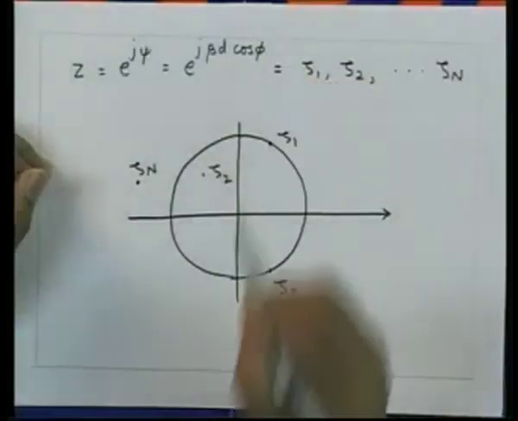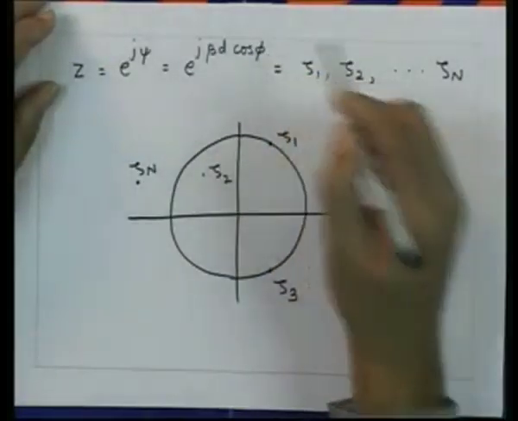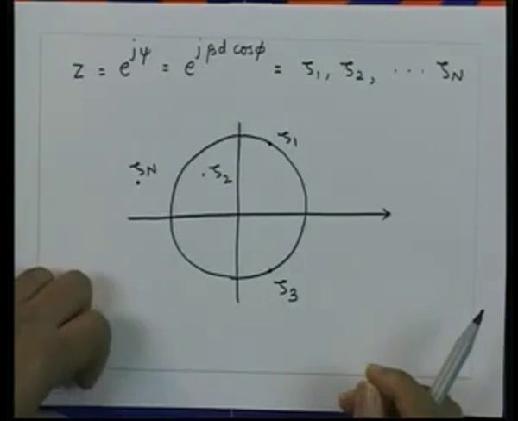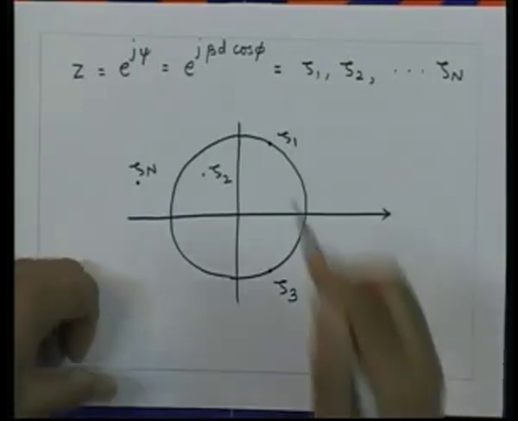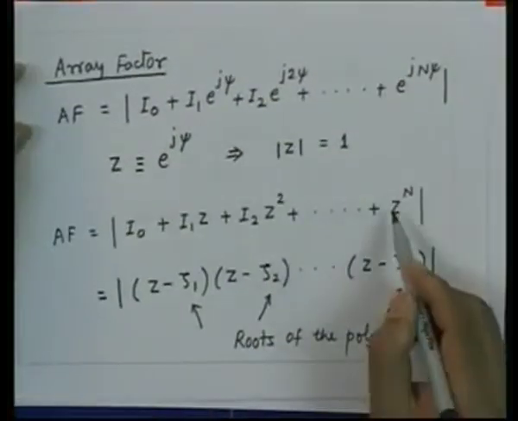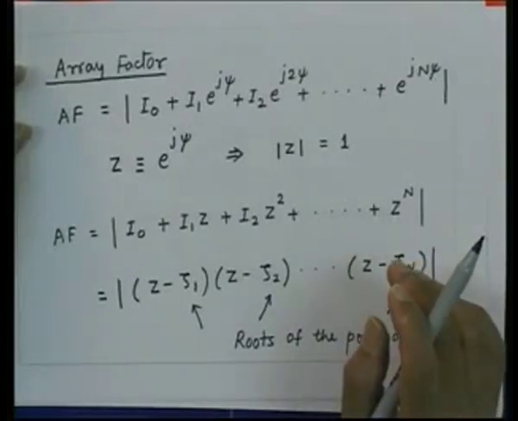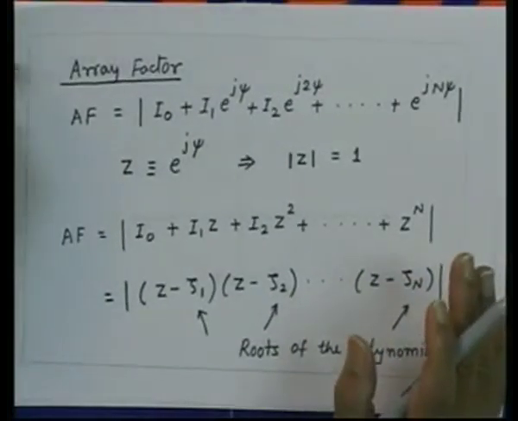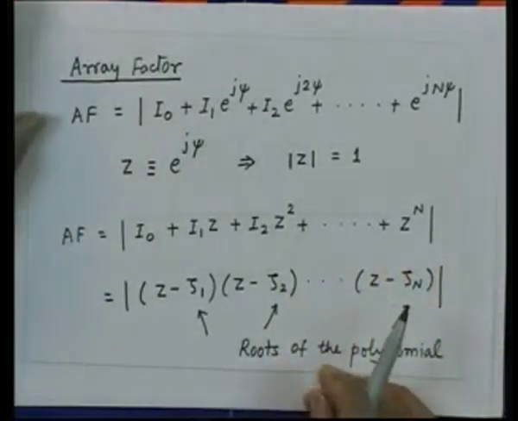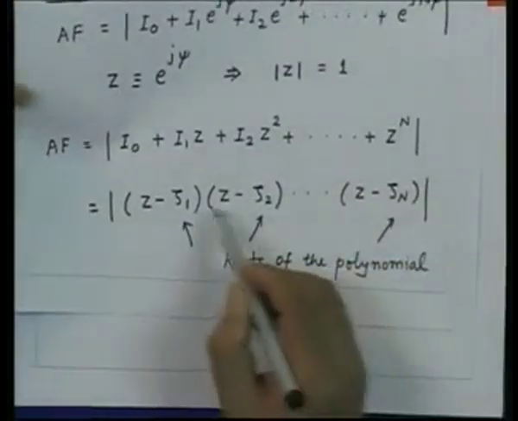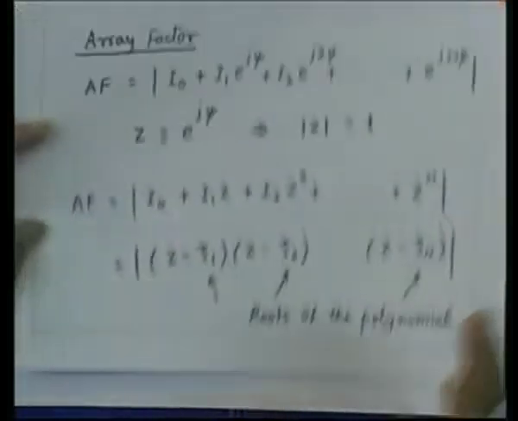If they do not lie on the unit circle, there will not be any corresponding value of phi which will give me the null in the physical space. So though we have a polynomial of degree n, we will always have nulls which are less than or equal to n. If all the roots lie on the unit circle, then all nulls might be visible. If some of them do not lie on the unit circle, then those nulls will not be visible in the physical space.